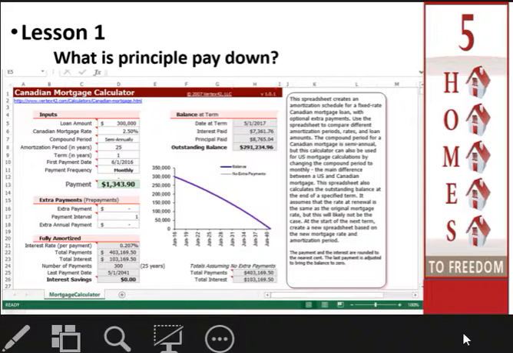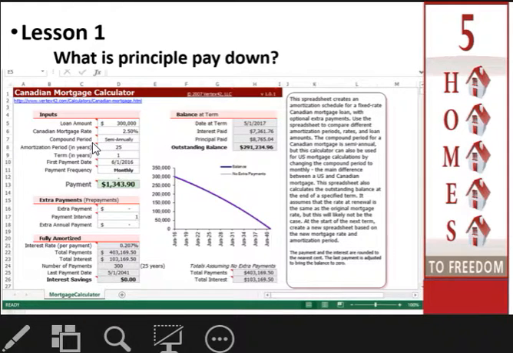So this is just a snapshot of what the actual mortgage looks like. You can see here the mortgage amount is $300,000. The interest rate is 2.5%. It's compounded semi-annually. Now, you can use this for American mortgages as well, and you'll see over here in the description that for a U.S. mortgage, calculations can be done simply by changing the compound period to monthly.